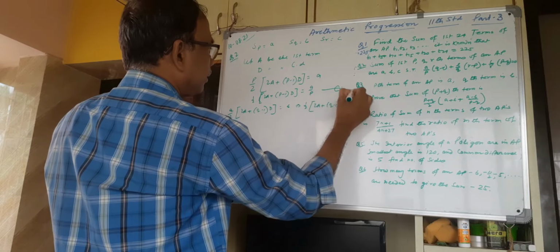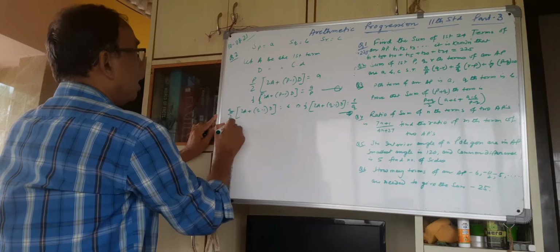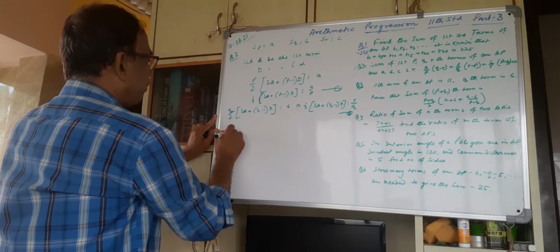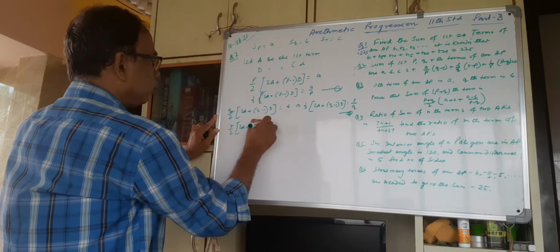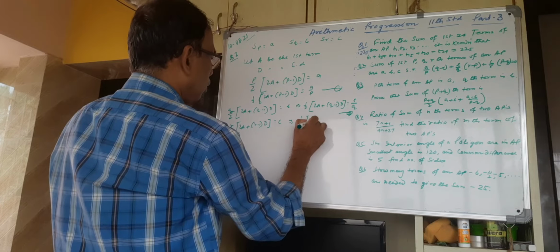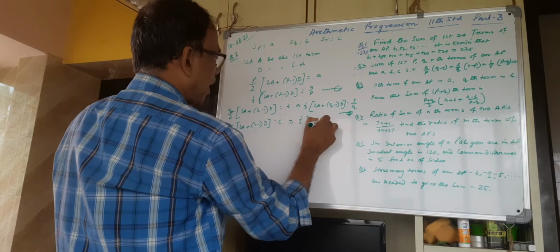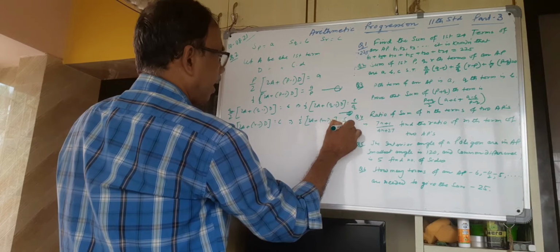This is 1, this is 2. Another, Sr equals r by 2 times (2A plus (r minus 1) D) equals c. That implies half of (2A plus (r minus 1) D) equals c by r.